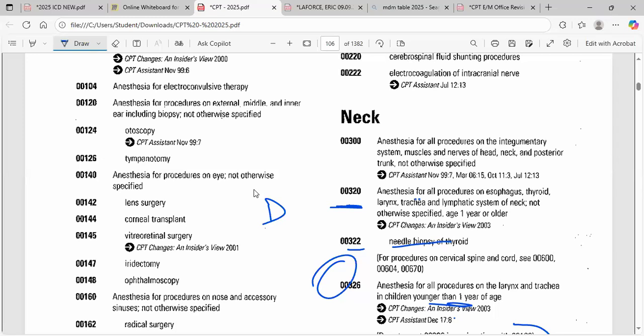So, the anesthesia time we are going to bill is 1 hour instead of 45 minutes. If we consider 1 hour, then options B and C are ruled out because in options B and C we have 45 minutes mentioned. So the answer should be between options A and D. And to verify the correct answer, we have to refer to the CPT codes. If we read the descriptions of CPT 00320 and 00322, as in our question a needle biopsy of thyroid has been performed, so it should be 00322.